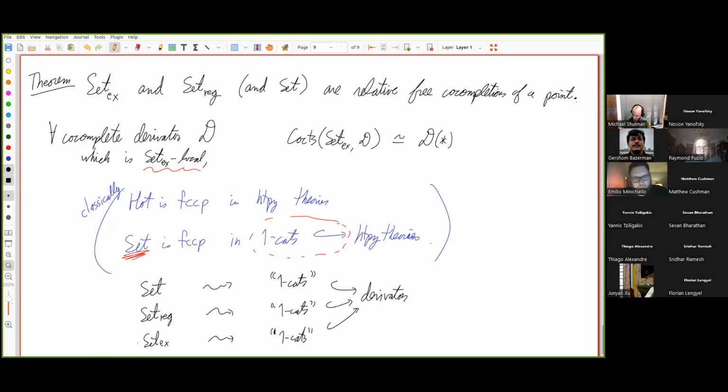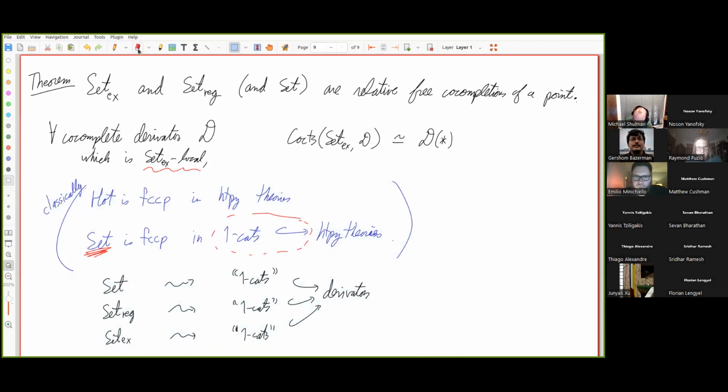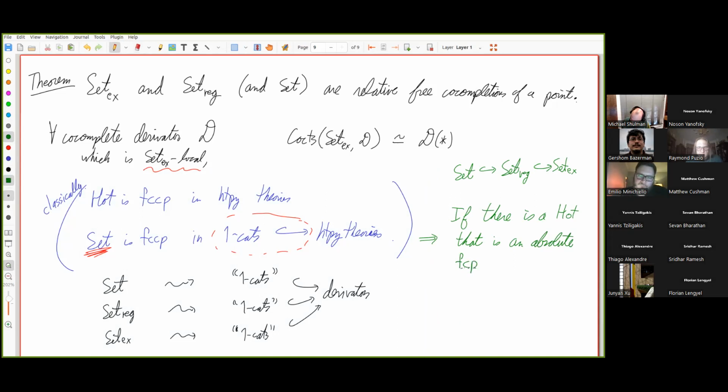And the conclusion from that, about the global case, is that because Set sits inside these larger ones, if there is a constructive homotopy theory that is an absolute free co-completion of a point, in the sense that it satisfies this for all derivators, then it must include also all these relative free co-completions of a point.